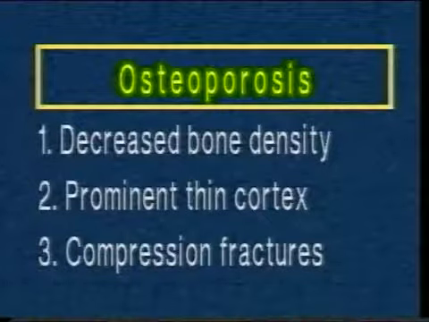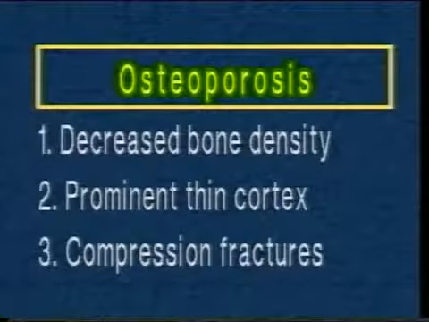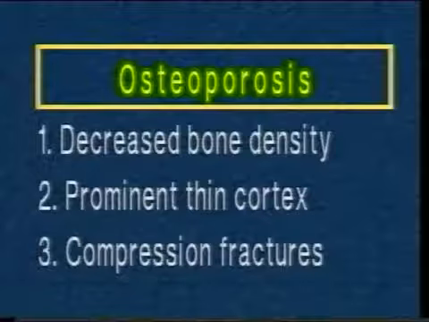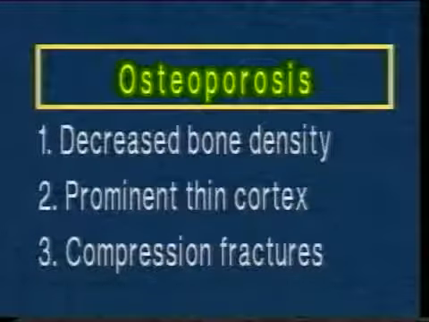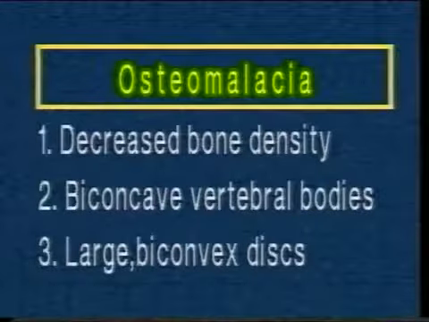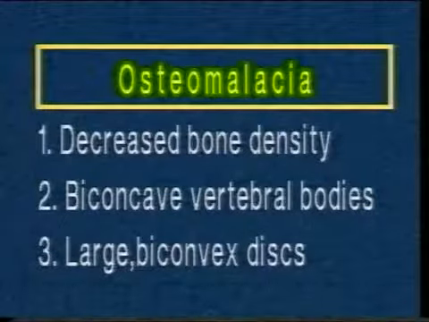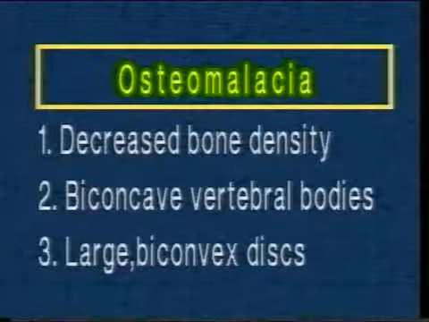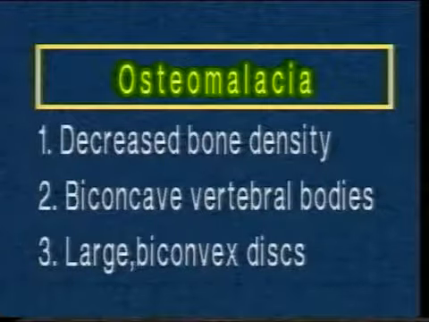There is a relative prominence of the thin cortex and compression fractures are common. In osteomalacia, due to vitamin D deficiency, the bone density is decreased. The vertebral bodies are biconcave with large biconvex intervertebral discs described as codfish vertebrae.